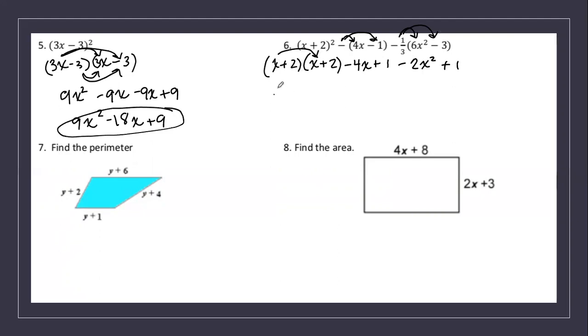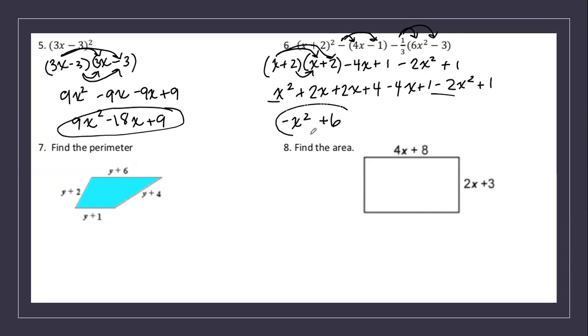So I have x times x is x squared, 2x, and then here I get 2x again. 2 times 2 is 4, minus 4x plus 1 minus 2x squared plus 1. Combine like terms, x squared minus 2x squared is negative x squared. 2x plus 2x is 4x minus 4x equals 0, so they cancel. And then 4 plus 1 is positive 6, and that is my answer.